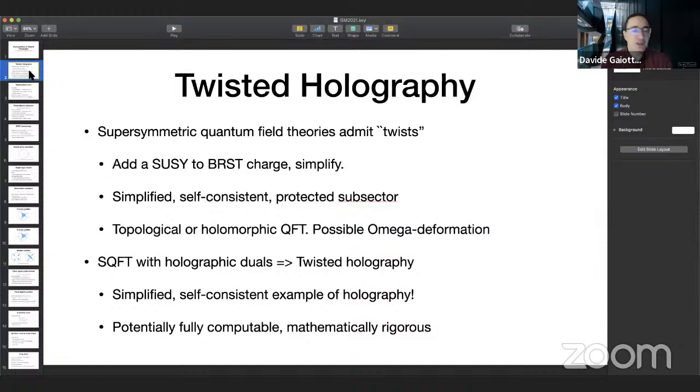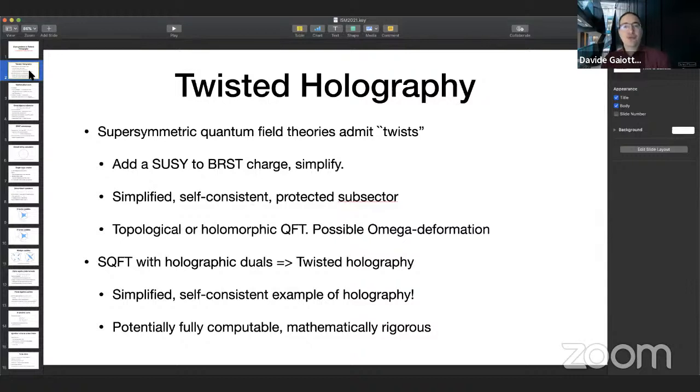The resulting quantum field theory is typically topological or holomorphic, in the sense that when you pass to the cohomology of the supercharge, all the translations which are in the image of the supercharge become exact. So you lose those translation generators: the correlation functions, the theory becomes independent of those translation generators.